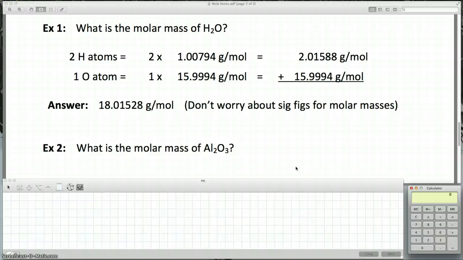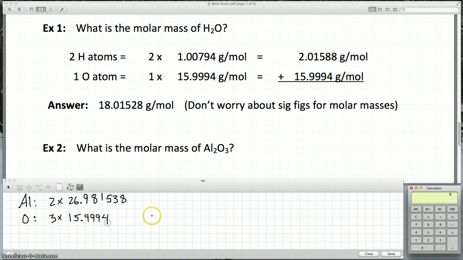Okay, so what is the molar mass of Al2O3? So, aluminum. Well, I've got 2 aluminums, and the red number for aluminum is 26.981538. Oxygen, well, I've got 3 oxygens, so 3 times the red number for oxygen, 15.9994, and then I just add all that up.